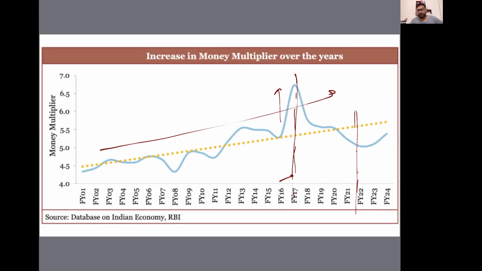So more and more people kept cash in their hands, and therefore here you see the money multiplier decreasing. But overall, the broad trend has picked up, and has been towards more banking, more use of banking services by the population, and therefore an increase in the money multiplier in the economy.